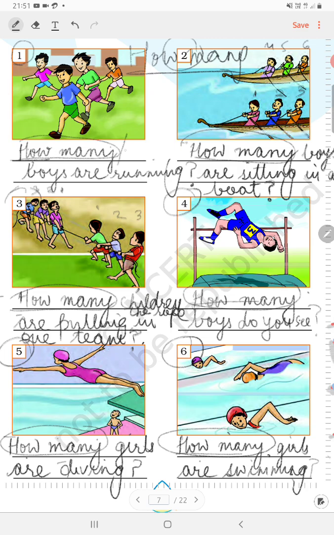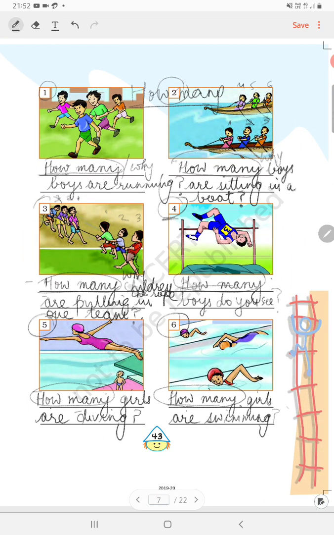Instead of how many, you can write why are boys running, why are boys sitting in the boat, why are children pulling the rope. Why is the boy jumping? Why is the girl diving? Why are the girls swimming? So similar questions could be made.